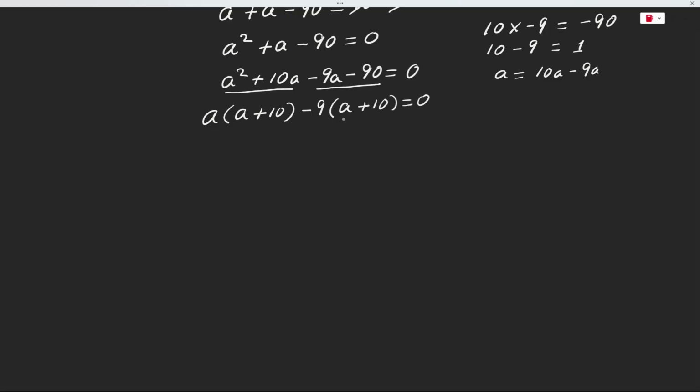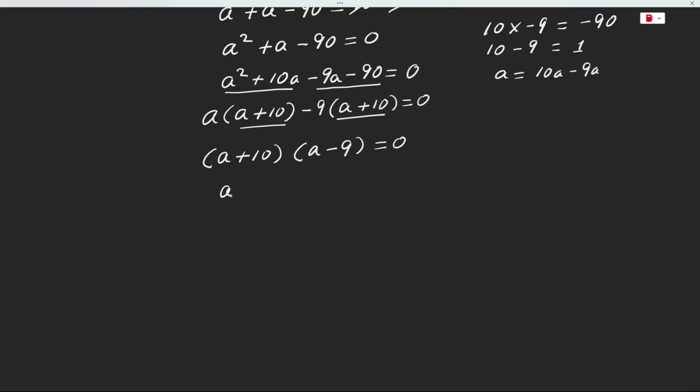Now in these two terms the common factor is a plus 10. So taking out the common factor, we can write this as a plus 10 times a minus 9 equals 0.